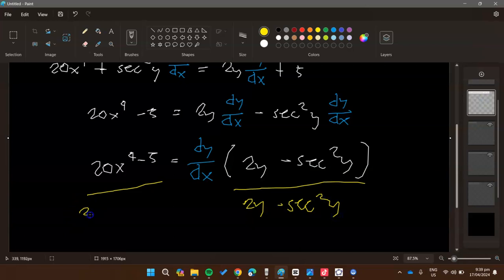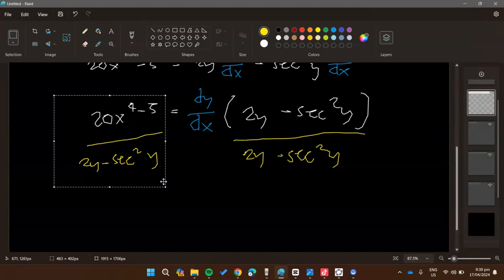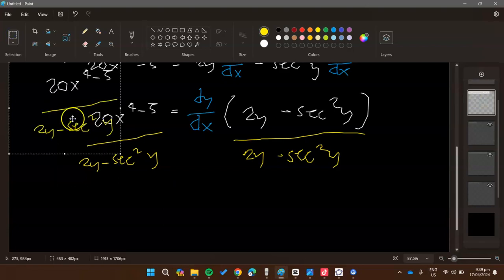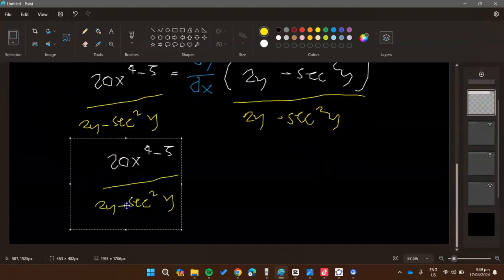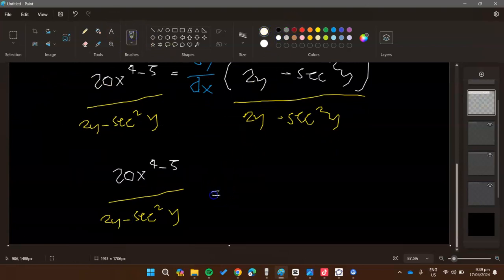This is also 2y minus secant squared y. So therefore my dy/dx is now this. So copy, then that one, this is just equals dy/dx.